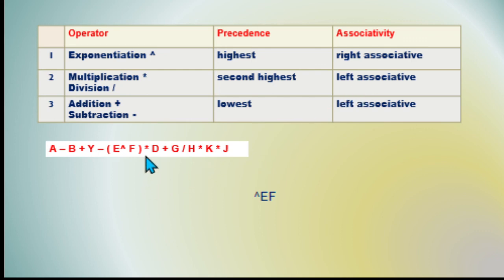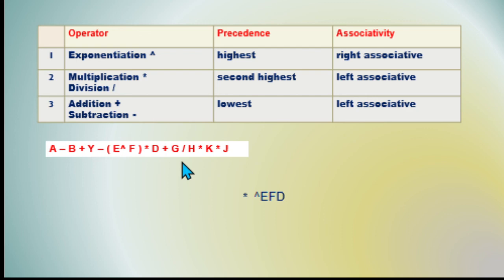So we start from this multiplication operator. We multiply this operand into this one and convert it into prefix. So it's equivalent now to * ^ E F D. This is now considered as one operand.